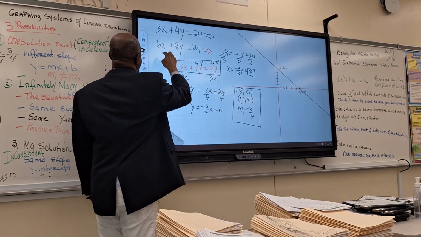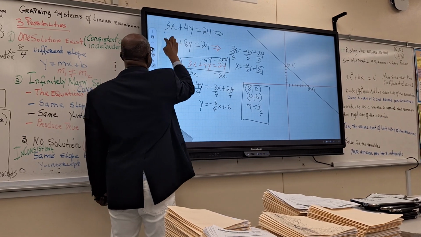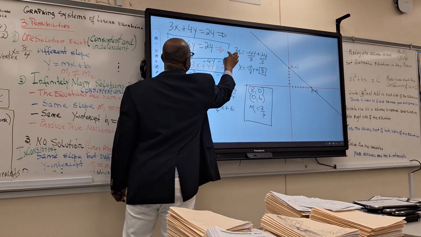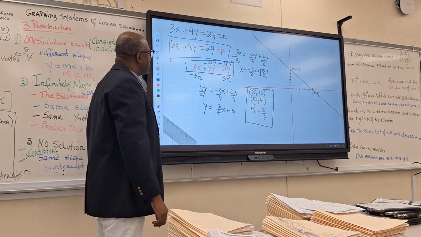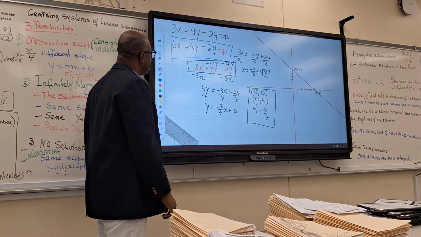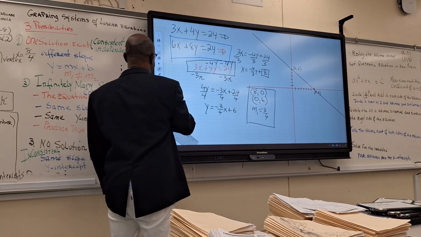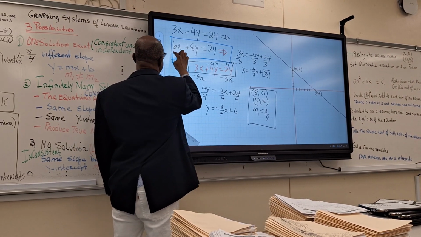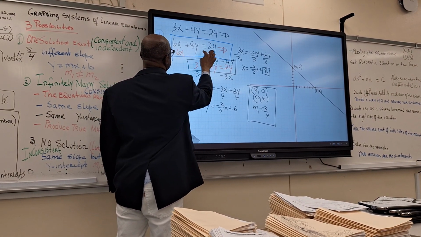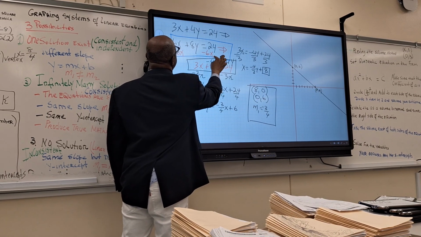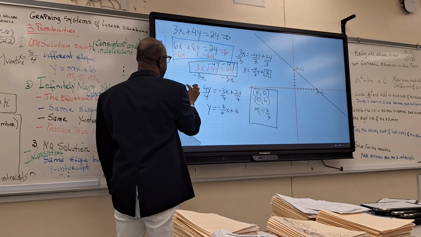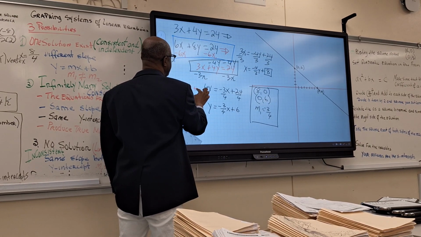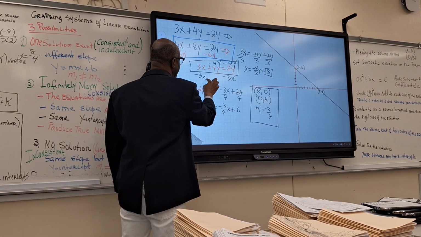Come back here. This is my other equation. So far so good? I'm solving for y. What should I do? Subtract. I'm going to subtract 6x from each side. Then I will end up with 8y equal negative 6x plus what? 24.